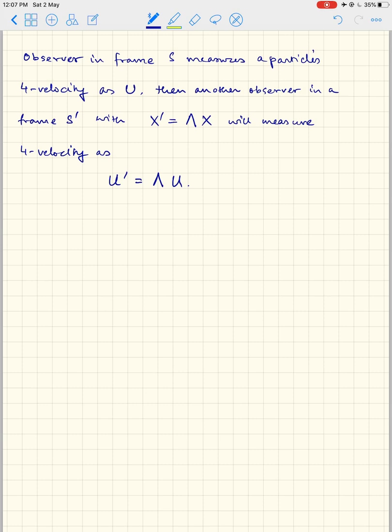This is because d tau is invariant. If you had defined some u tilde as dx dt, this does not have this property.